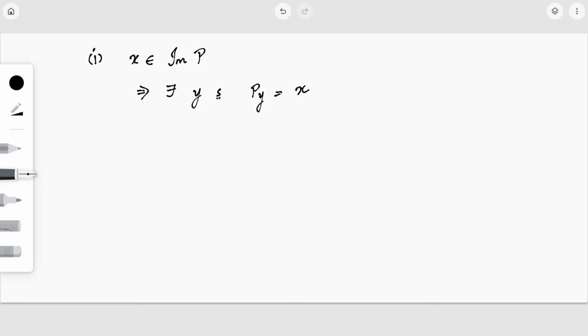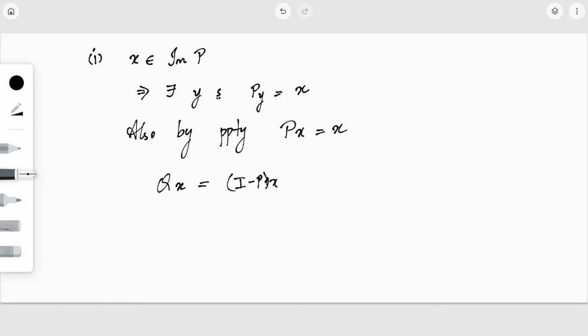Or by property 1, if X is an element of image of P, what is the first property? P of X is equal to X, right? So let's see what is Q of X. Q of X will be nothing but I minus P of X. This is equal to X minus Px.